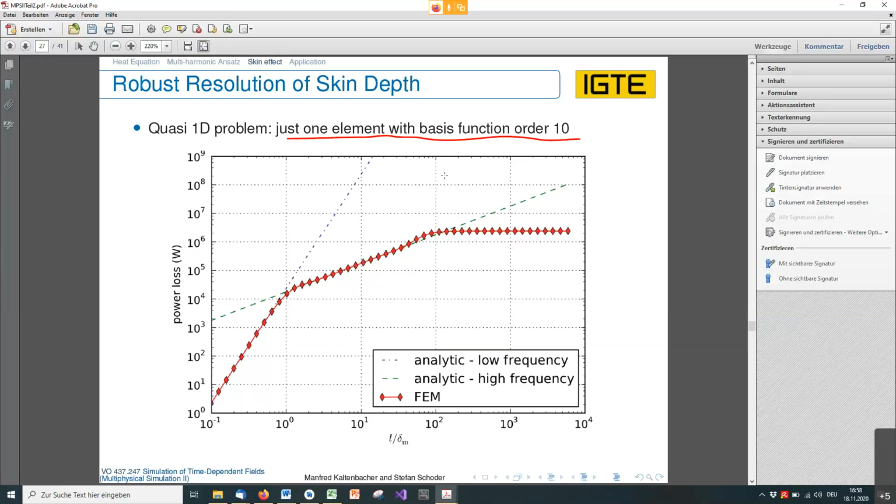It means if we are not resolving the eddy currents anymore in our solution, then unfortunately at higher frequencies the whole computation of the loss breaks down and will just stay constant.